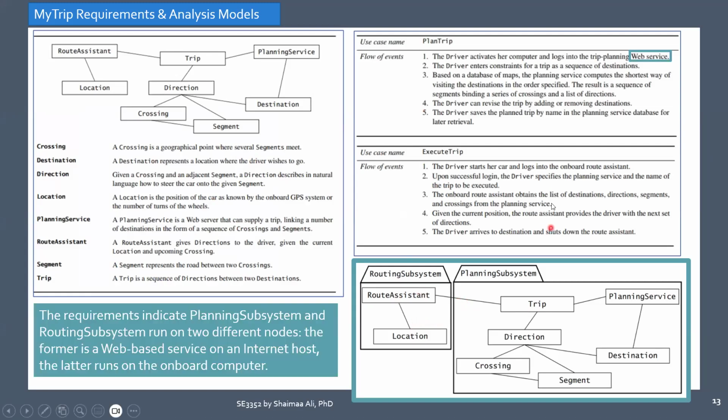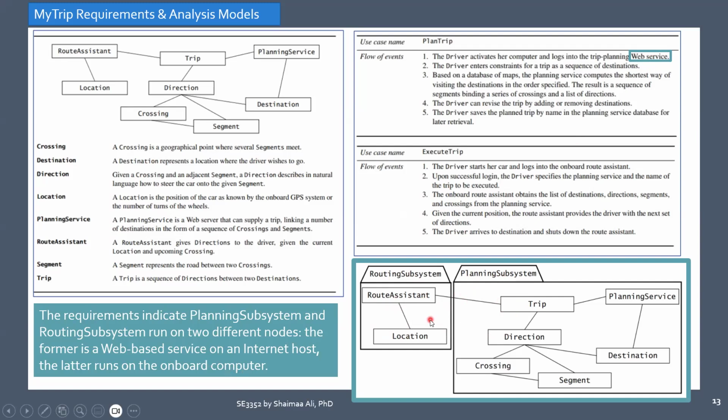If we look at the requirements, there is a mention that the planning part would be happening through a web service. So we're talking about a web-based application, with the planning happening on the host, with connectivity through the internet. And the routing part would be happening on the onboard computer.